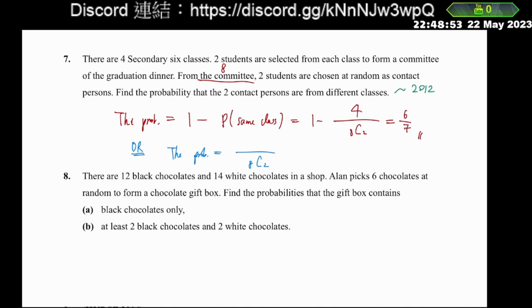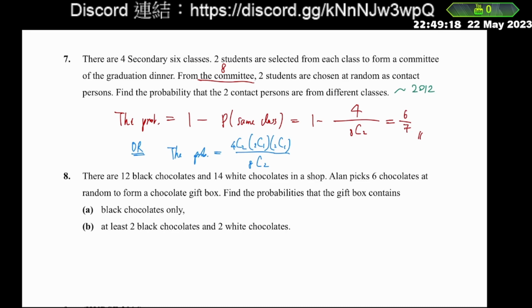There are 4 classes here, so we choose 2 classes first. And after choosing the classes, we also need to choose the representative, because each class has 2 students. Therefore, it will be 2C1 and then also 2C1. So after we choose the 2 classes, these are the 2 class representatives.